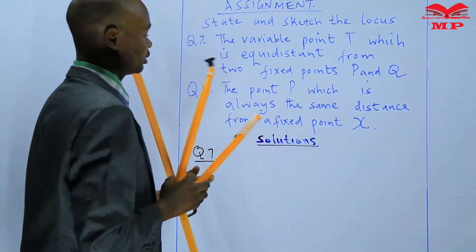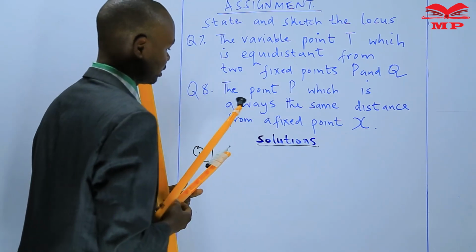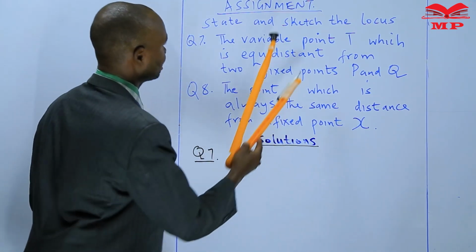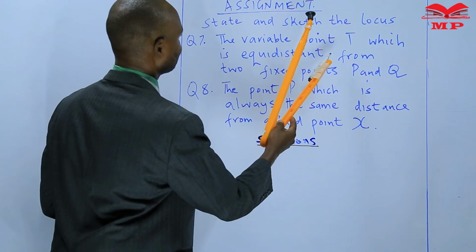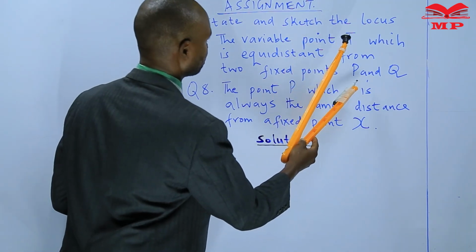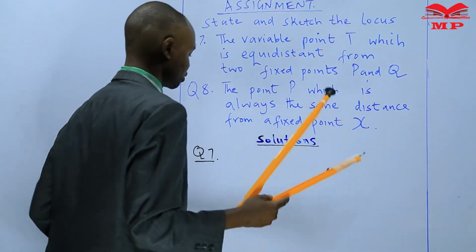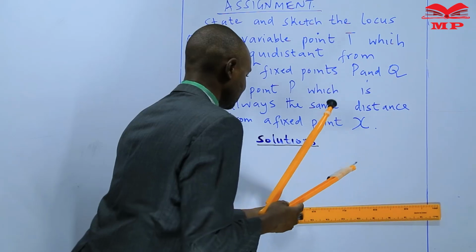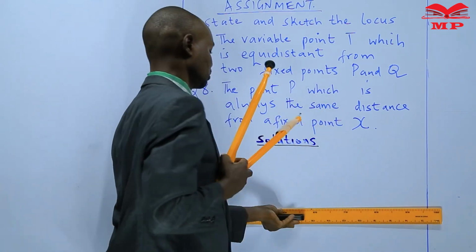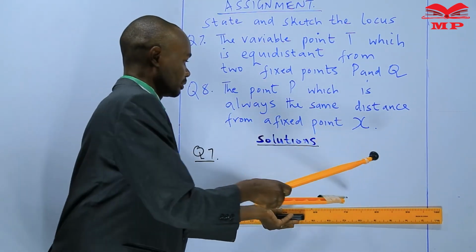The first thing you do, you have a variable point T. So there are 2 points P and Q. First of all, draw a straight line.